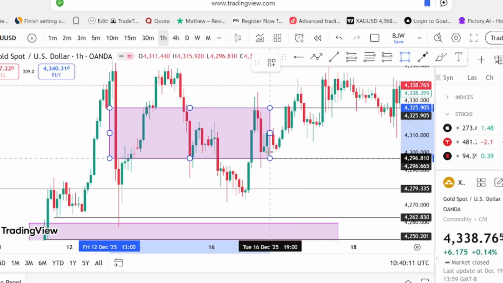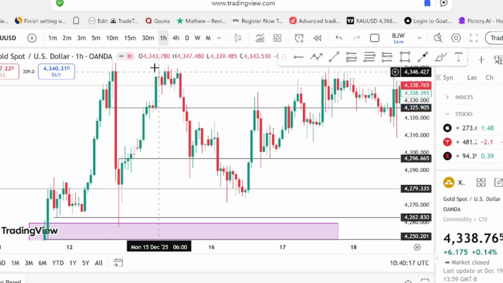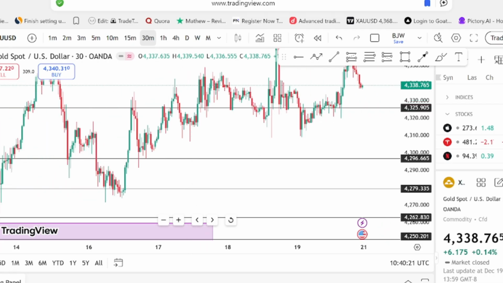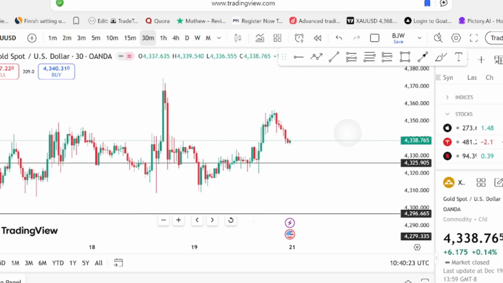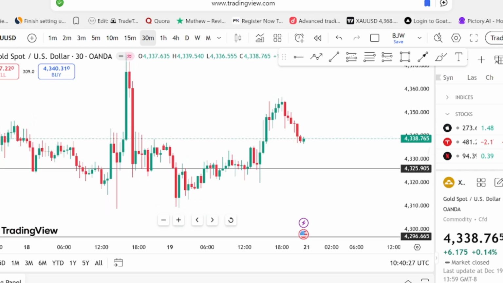Cool. Now let's go to the 30 minutes time frame, because in every time frame you can clearly spot out FVG, right? And let's come right here. So looking from this right now, we can see another FVG, another fair value gap.